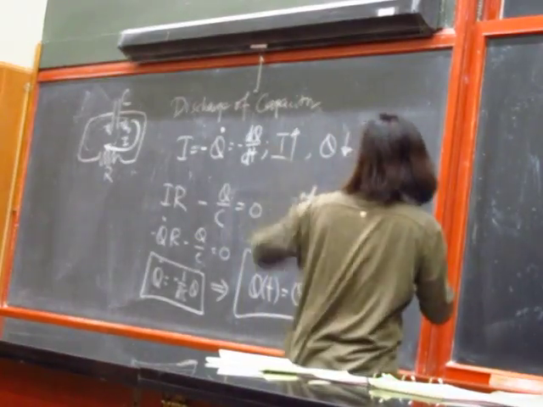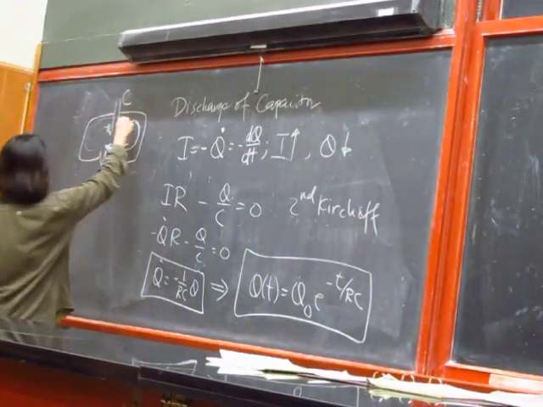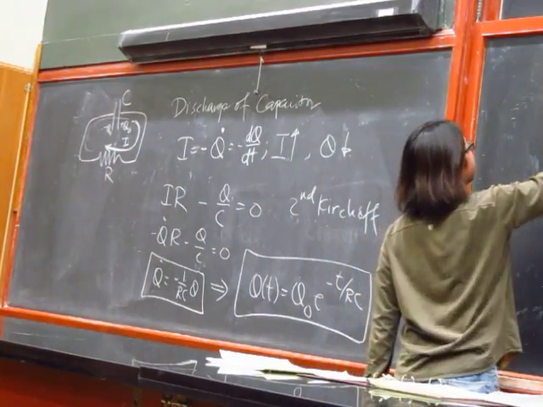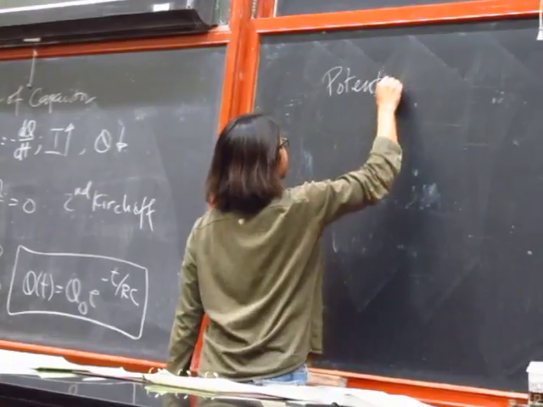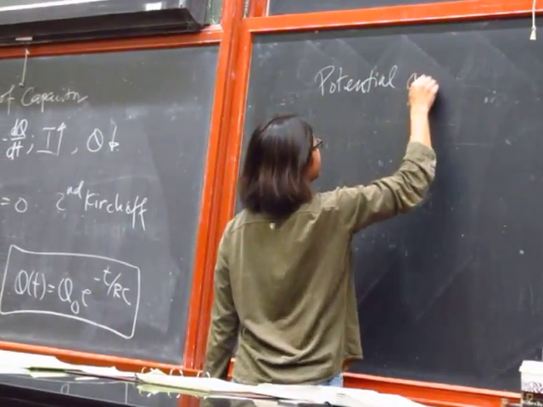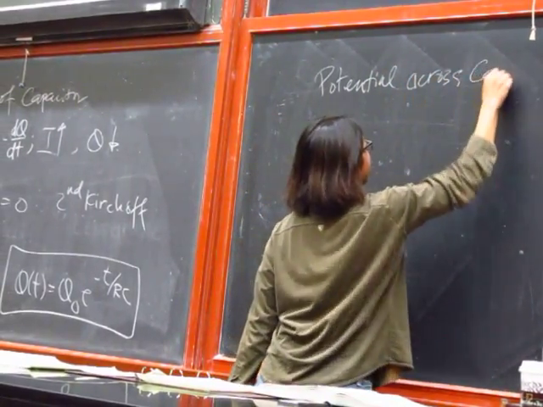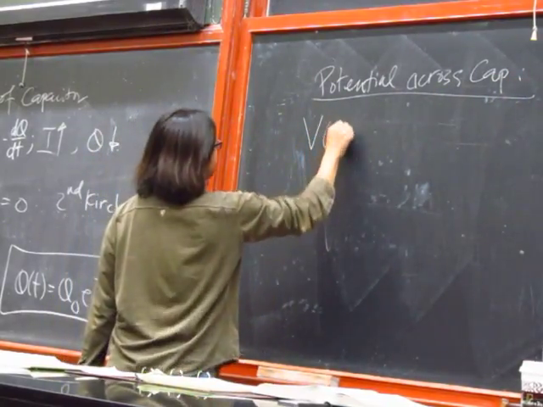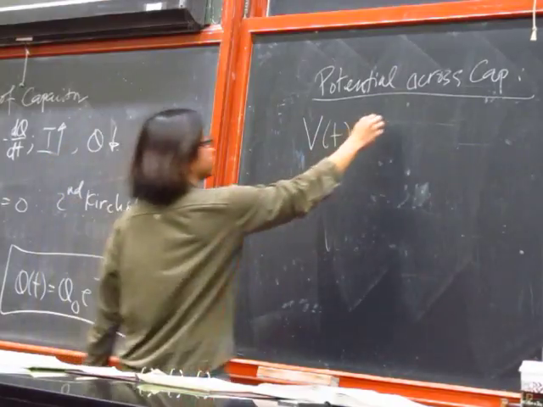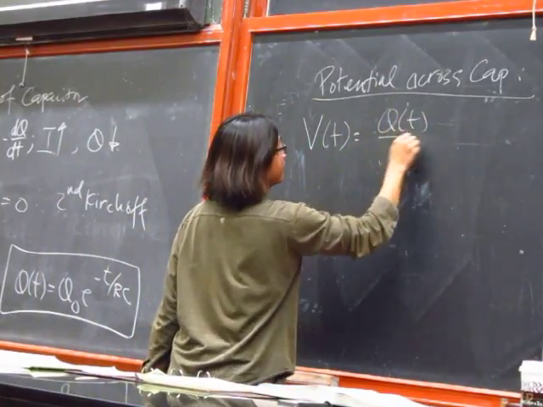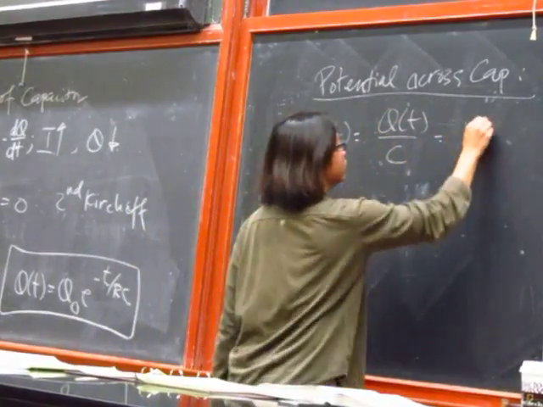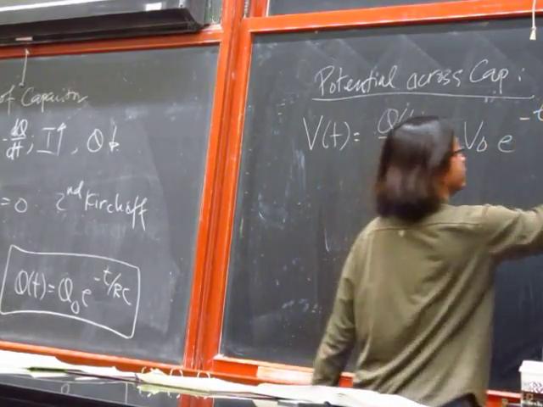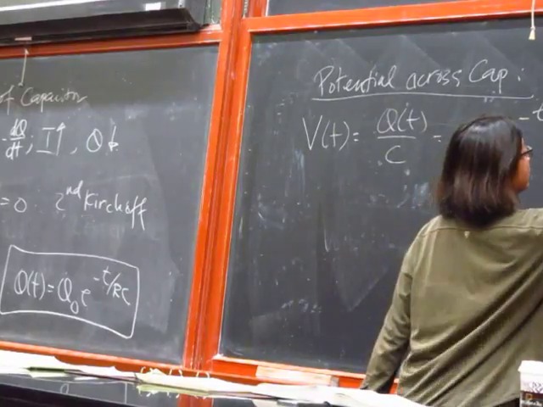And the voltage across the capacitor, V as a function of time, V is just Q over C. Then this becomes just V naught e to the minus T over RC, where V naught is Q naught over C.